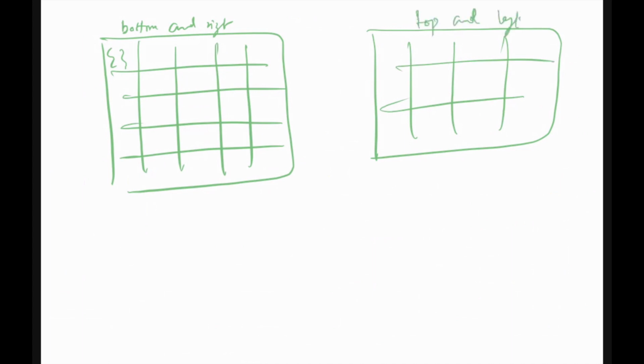Each of these cells was a pair, and the first and the second number of the pair represented the bottom number of consecutive ones and the right number of consecutive ones respectively, and similarly for the other.